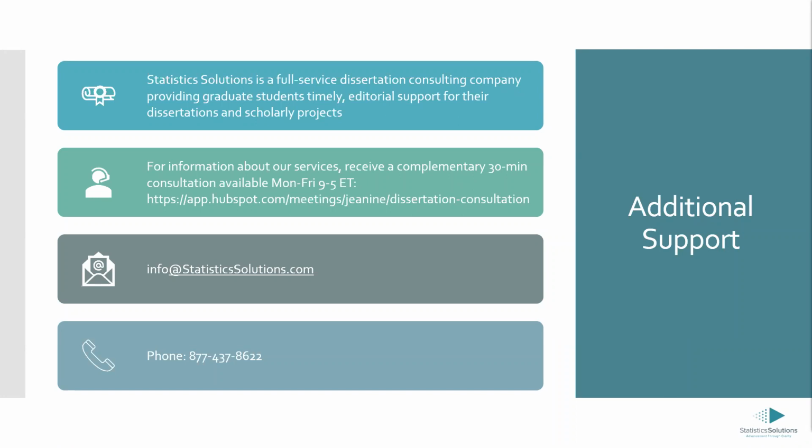So to answer that question, you do want to describe both of those aspects, both how the data were originally collected and how you are accessing the data, but you want to focus more on how you are accessing that archival data and how you're going to be using it.